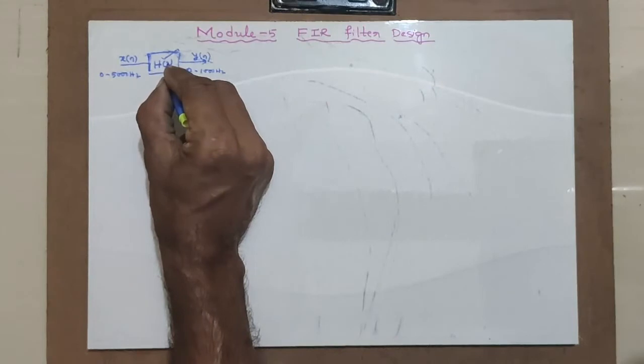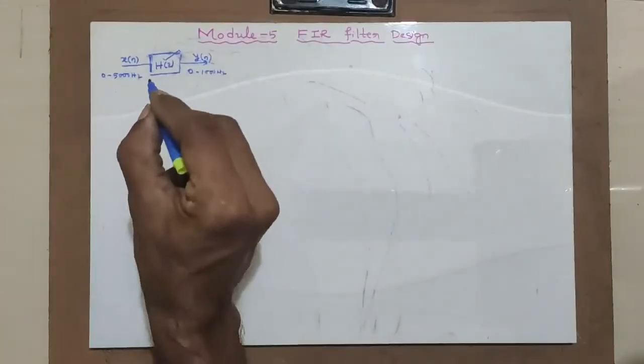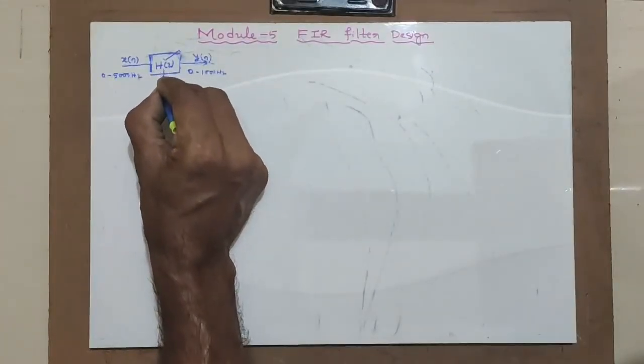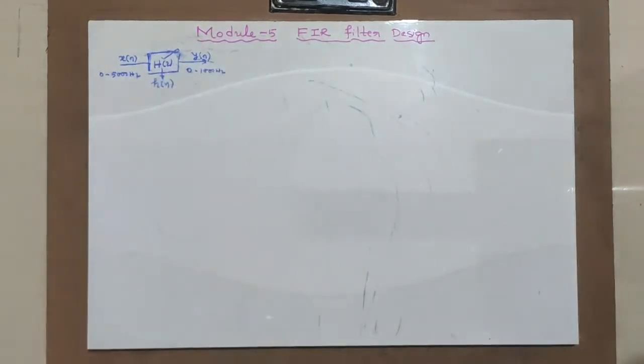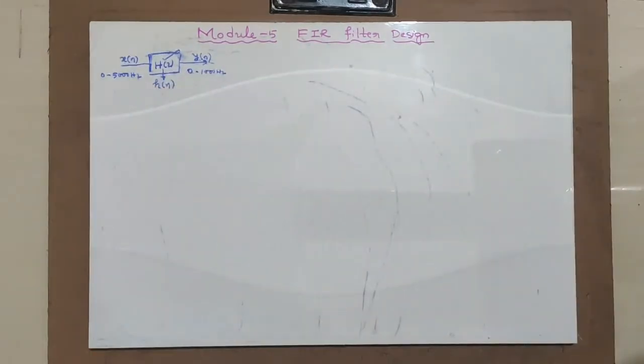Obviously H of Z is a digital filter. If you take this into the time domain, it becomes H of n, or what we call the impulse response. And from today onwards, in this module, I will be dealing with FIR system design. What exactly is an FIR system?